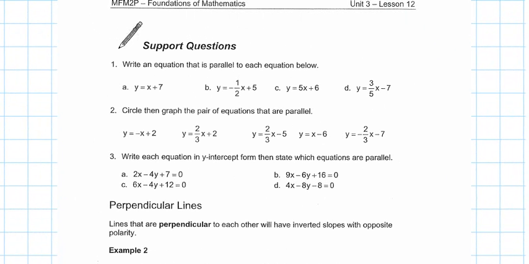So you see that your slope here is 1, right? So my equation is going to have the same slope, but your intercept could be anything. Your y-intercept could be minus 8, it could be 10, it could be plus 2, it could be plus 1. It could be anything as long as your slope is the same.